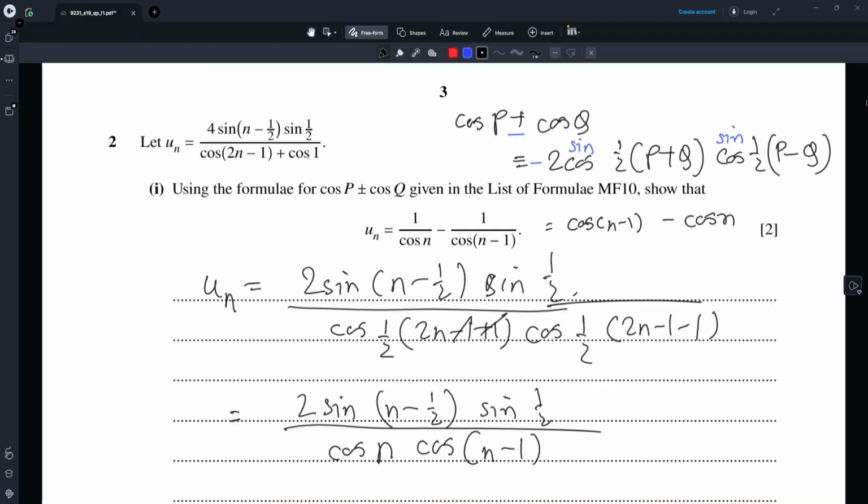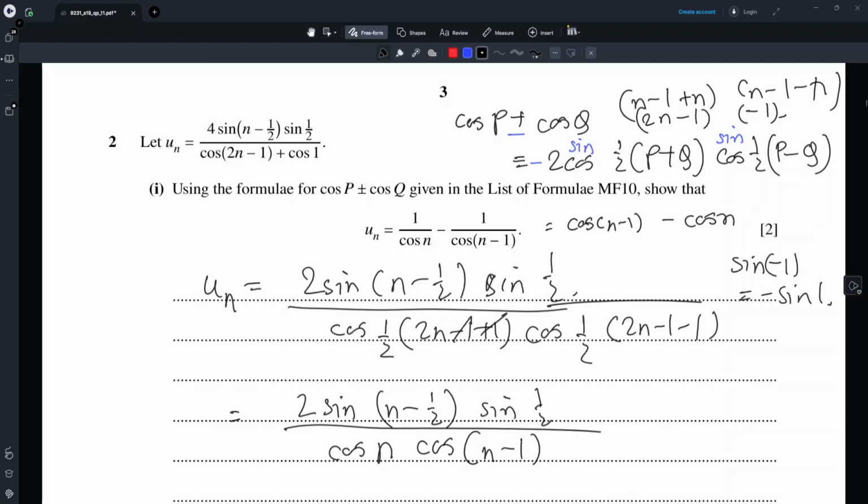So if it is cos n, then I can put this inside here, then I'm going to get here n minus 1 plus n minus 1 minus n. So I'm going to get here 2n minus 1 and just minus 1. Minus 1 means that I'm going to get here sine minus 1, which is the same as minus sine 1.